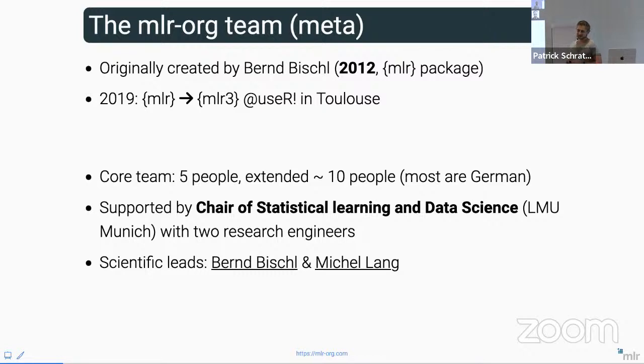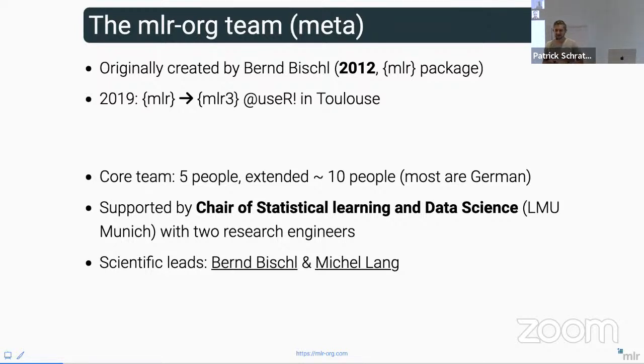So this led to the decision that we need to do something, and this cannot continue like this. The decision was made in 2017-18 that we need to split this big package into multiple smaller packages that are easier to maintain, that can be distributed among the developers better, and also include all the things we have learned on the way, especially Bernd and Michel Lang, who's the main other developer besides Bernd.